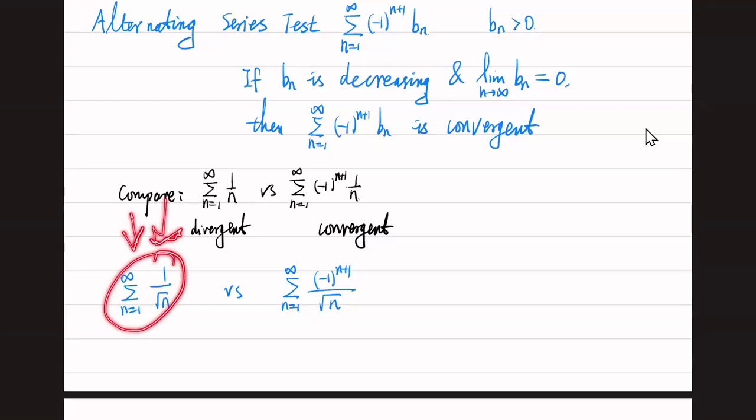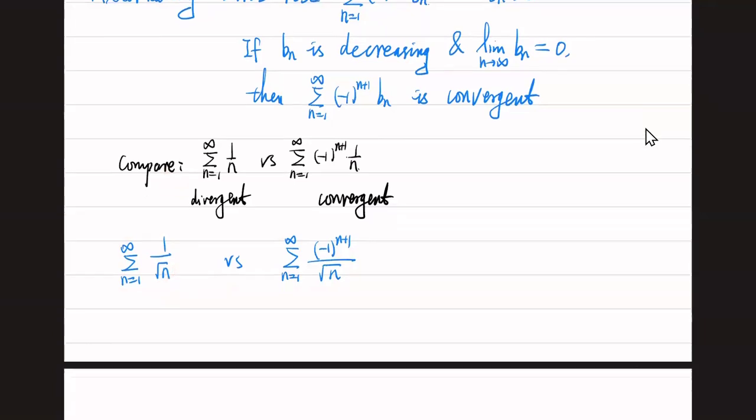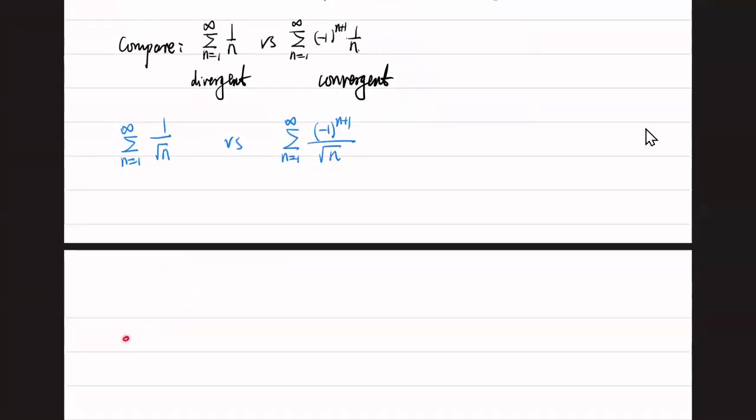Sophia, what would you do? What method could we use for this one? You take the limit? If we take a limit, we get a 0. Does it tell us something?